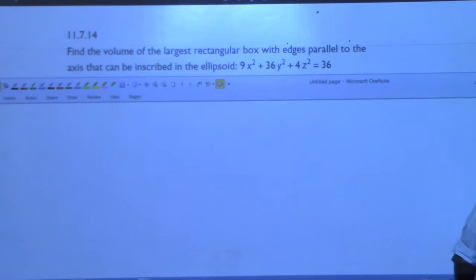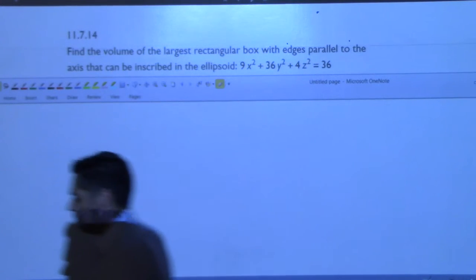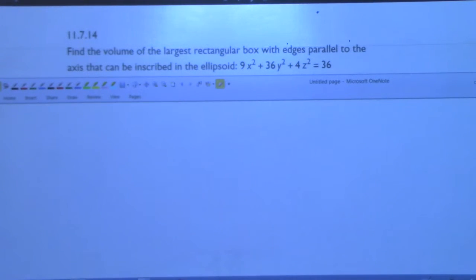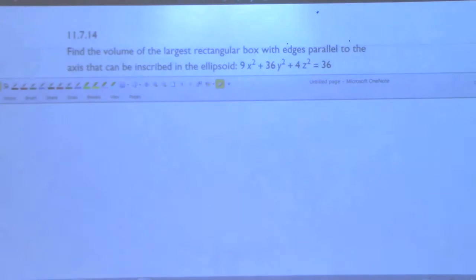Agreed? All right. What is it that we are trying to maximize or minimize here? Yes, we don't want to make the length and width as big as possible. We want to make the volume as big as possible, right?